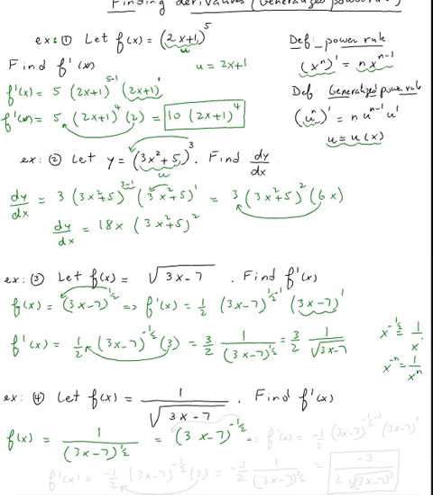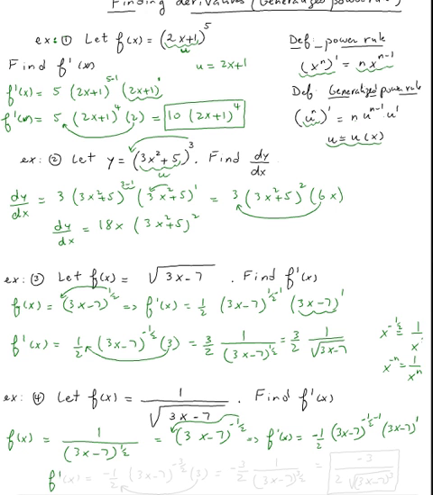Now here, to find the derivative, the negative 1/2 comes here, the generalized power rule, so negative 1/2, (3x minus 7). Now negative 1/2 minus 1, let me do it in 2 steps. And then don't forget the derivative of the inside, of the u, right?